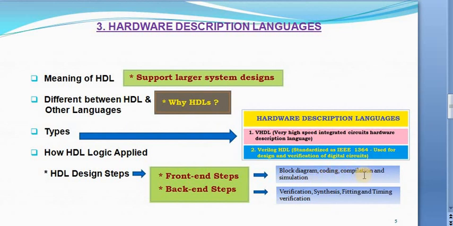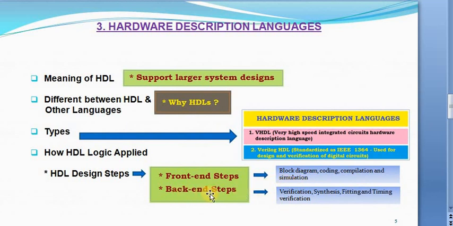Compilation is the part which analyzes the code for syntax errors, and it checks compatibility with other modules. And simulation is the part which defines and applies inputs to the design, and also observes its output.